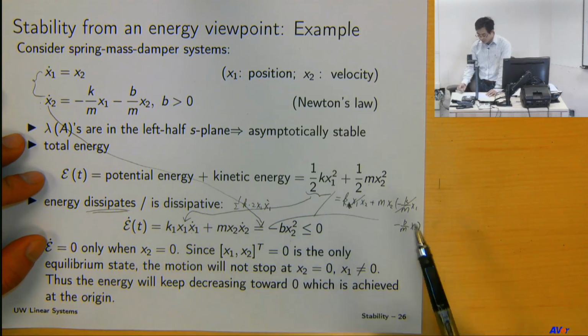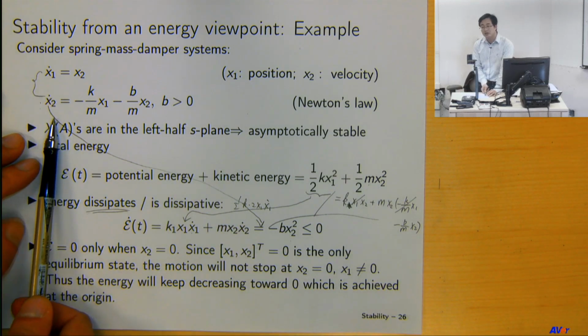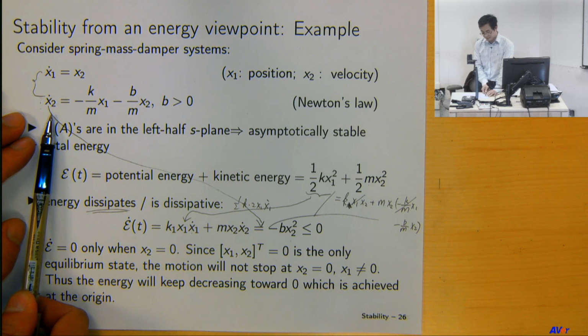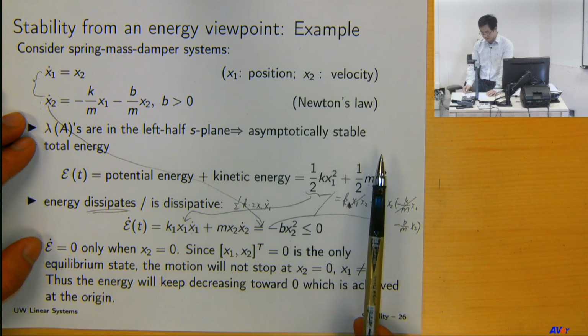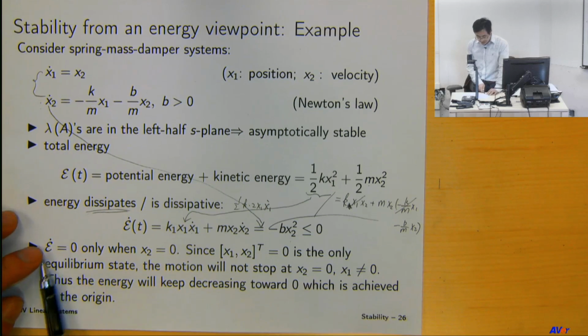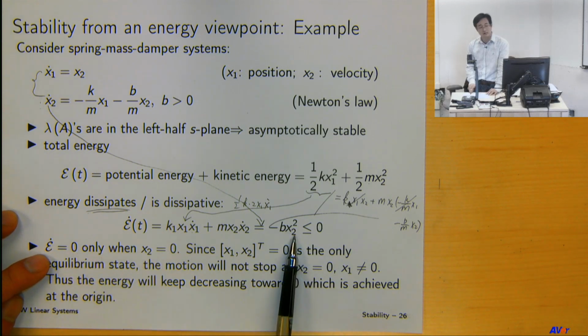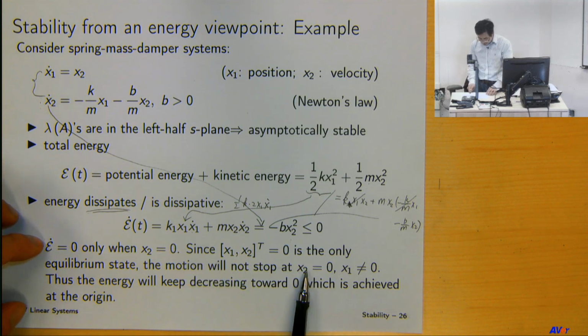So in other words, we're trying to argue that the two states, x1 and x2, are going to go to 0, meaning that it's asymptotically stable, right? So let's take a look at the math. Take a look at when the derivative is going to be 0. It's only going to be 0 when x2 is 0.